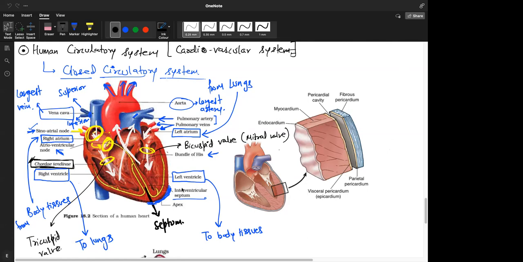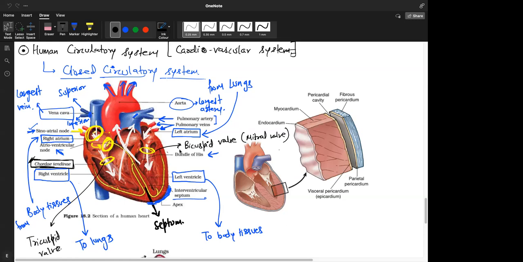Yeah, so I was saying, remember I told you that tricuspid valve means three flaps and bicuspid valve means two flaps, right? Bi and tri. If they are just flaps, they can hinge in any direction. I gave you the example of older police station doors that used to swing in both directions.